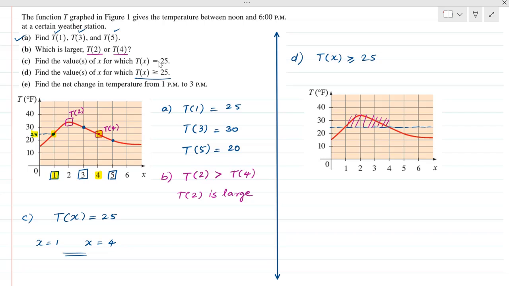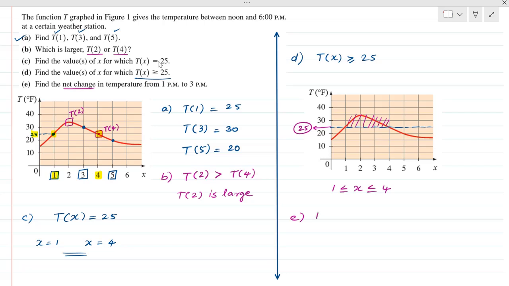The x values must lie from 1 to 4, and between this range the graph is going above 25.